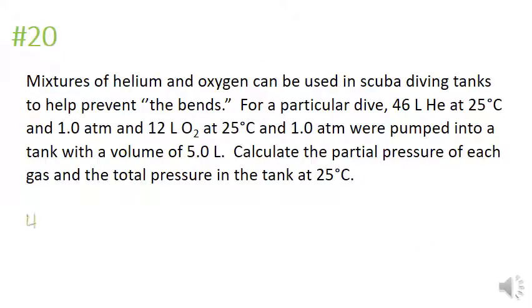Okay, so yeah. So we have 46 liters of helium at 1 atmosphere and 25 degrees Celsius. Since the atmosphere and the temperature stay the same. Hold on a moment. And now I have a new tank of 5 liters and 1 atmosphere and 25 degrees Celsius.